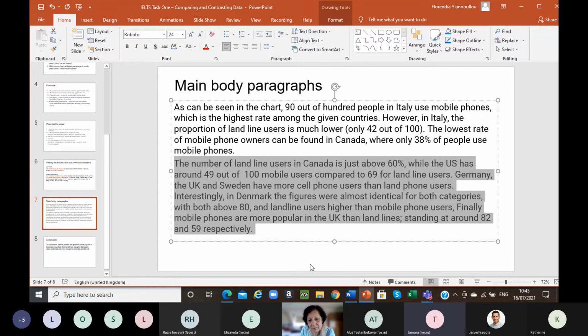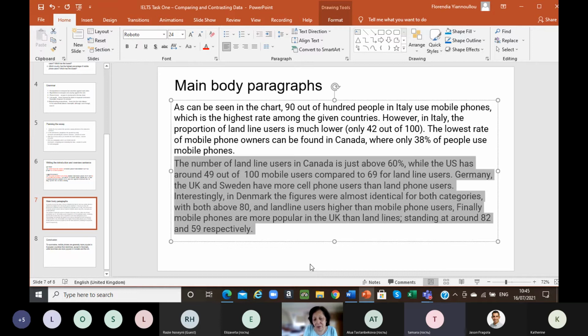Interestingly, in Denmark, the figures were almost identical for both categories, with both above 80 and landline users higher than mobile phone users. Finally, mobile phones are more popular in the UK than landlines, standing at 82 and 59 respectively.